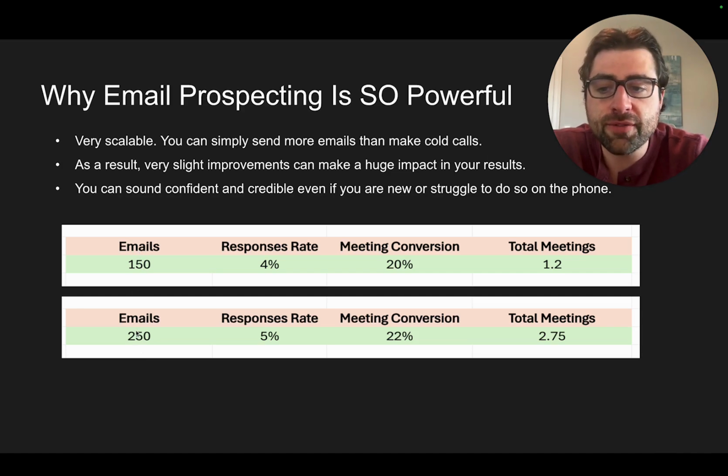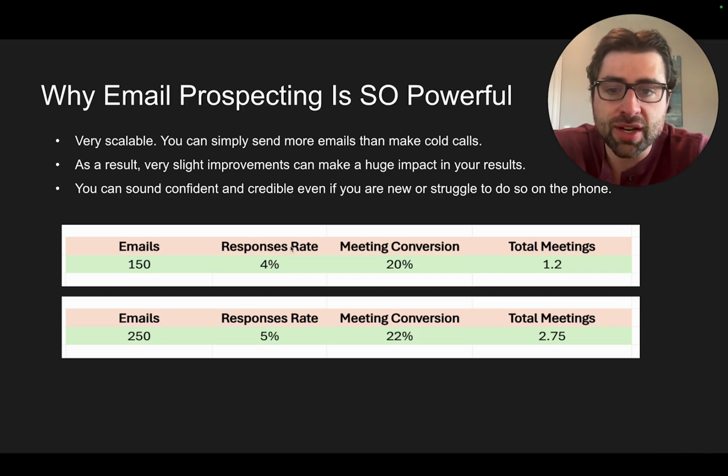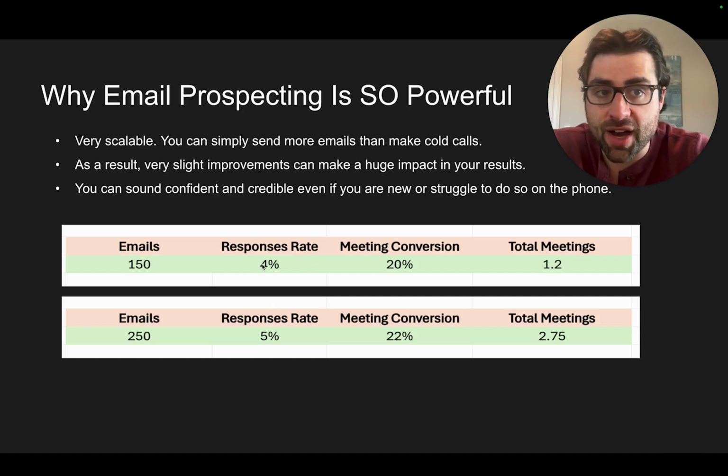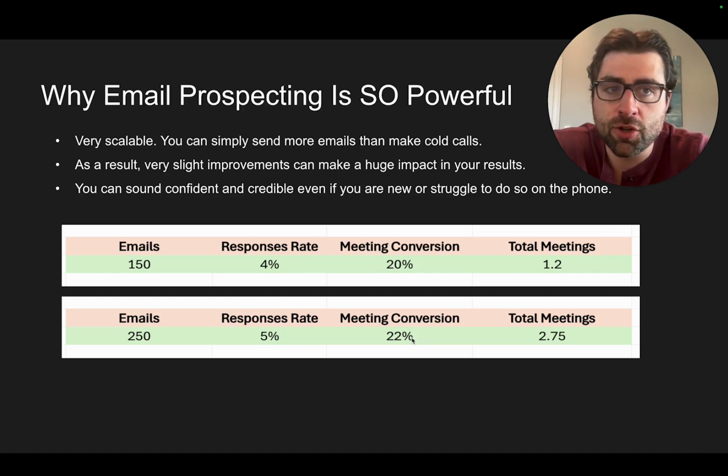But you go from 150 to 250, you get that response rate up from 4% to 5%. So instead of 1 out of 25 responding, you get 1 out of 20 or so. And then meeting conversion, 20% to 22%. This isn't even something you'd notice on a week by week basis. It's so small, but that's basically a 10% increase in people agreeing to take meetings. Look at the output. Look how much it improves. It's well over 100%.